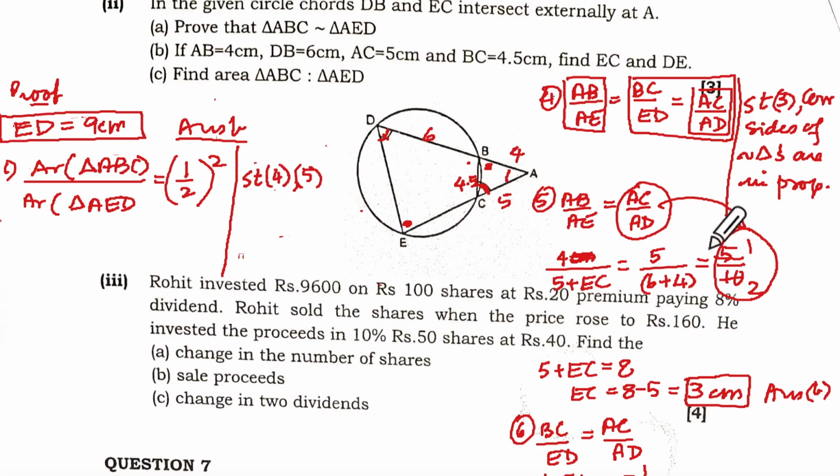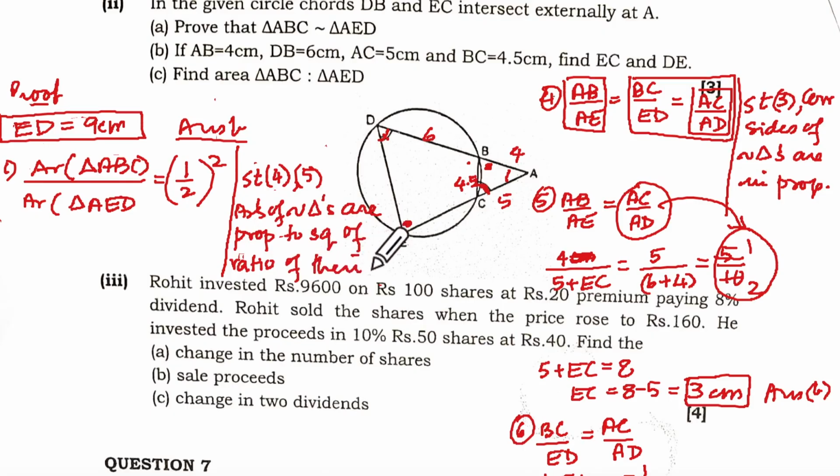We got 1 upon 2 in statement 5, and you will say areas of similar triangles are proportional to the square of the ratio of their corresponding sides. So that is equal to 1 upon 4, but they have given you like this, right? So therefore you'll write it this way, that is equal to 1:4.